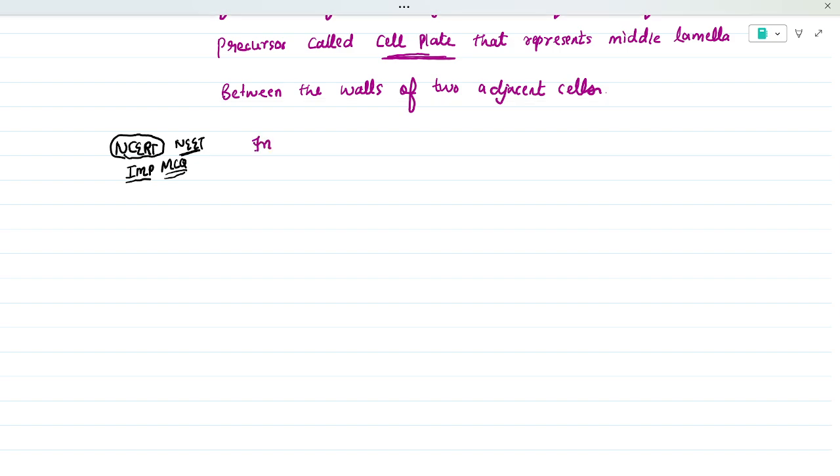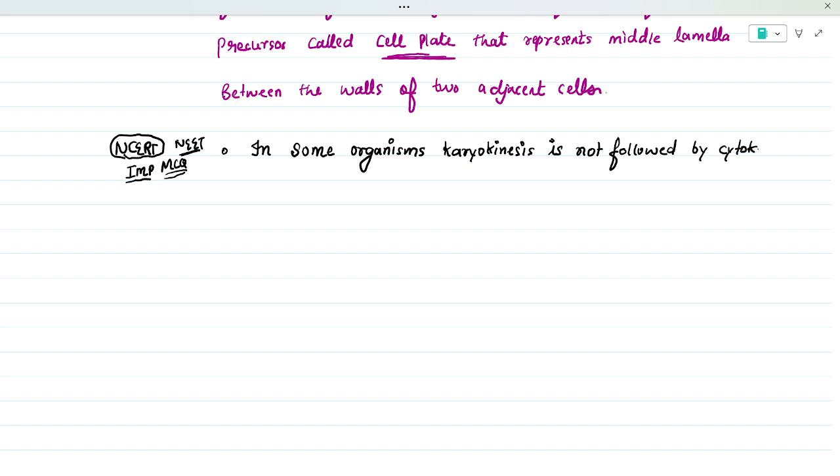In some organisms, karyokinesis is not followed by cytokinesis.